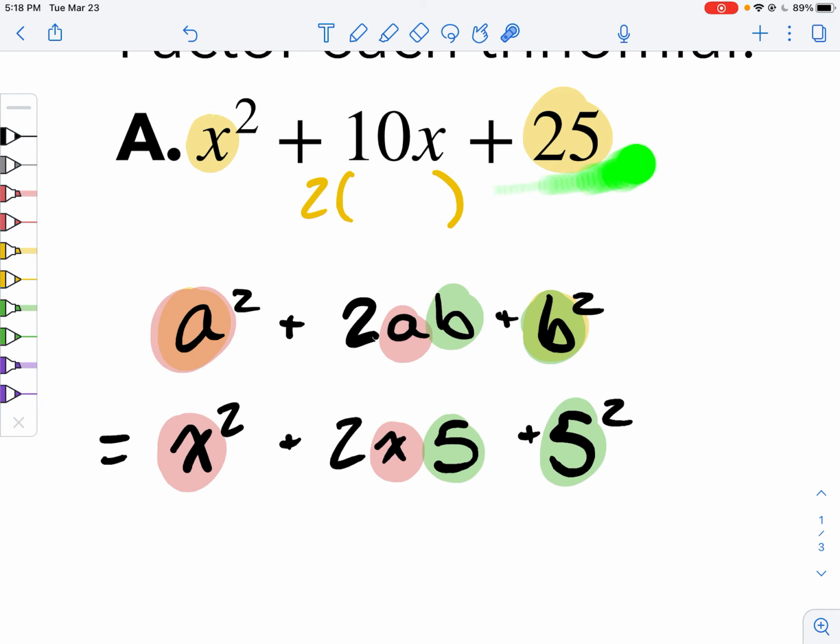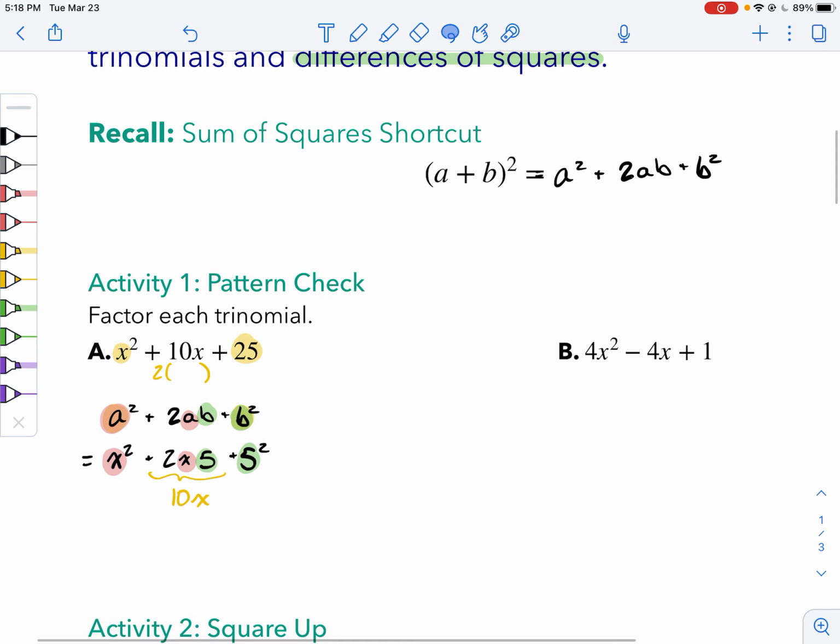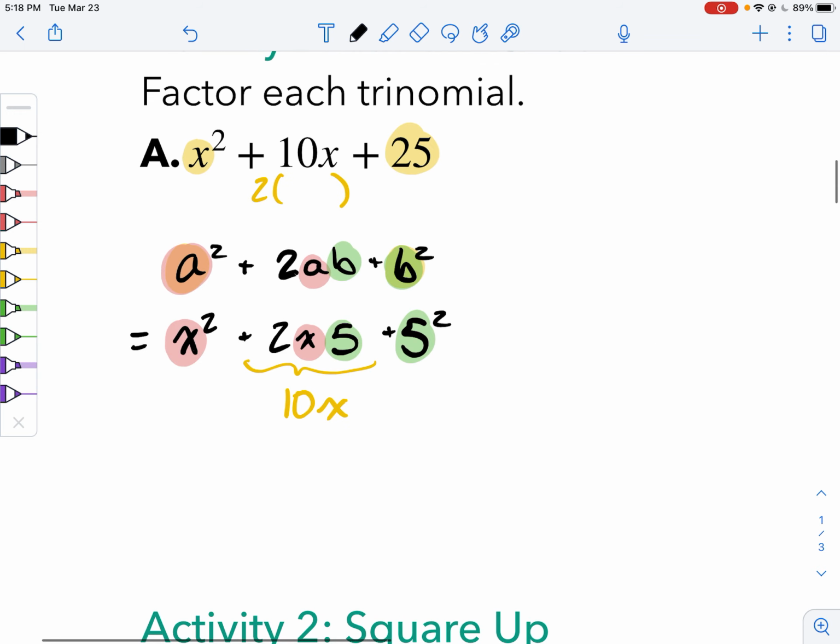And that does fit this pattern because 2 times x times 5 is the same thing as 10x. Oh, hey, look, we have x squared, plus 10x, plus 5 squared. So that tells us that that fits our perfect square pattern. So this is equal to A plus B squared.